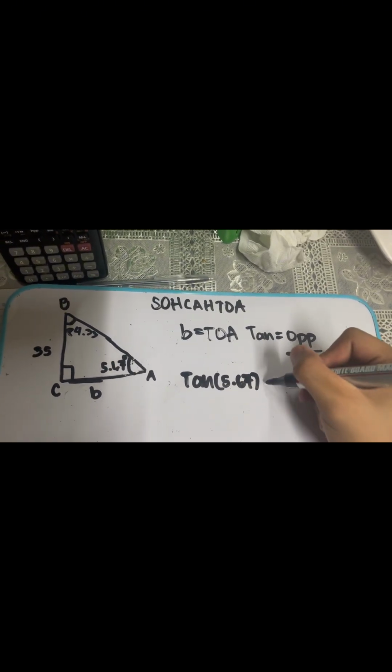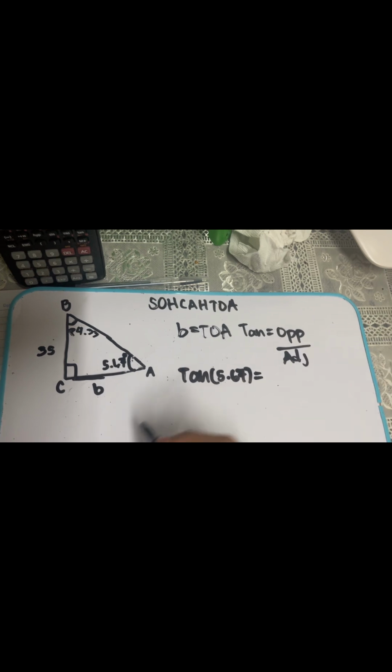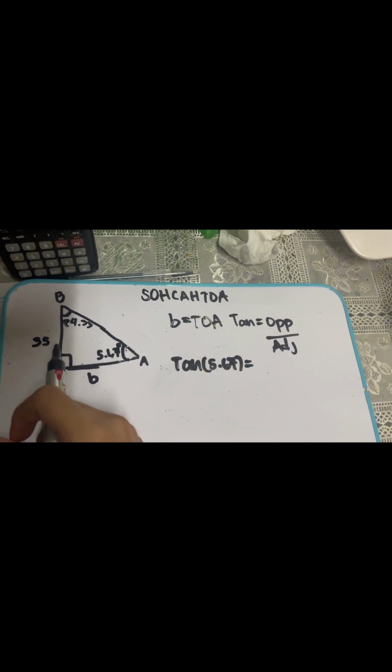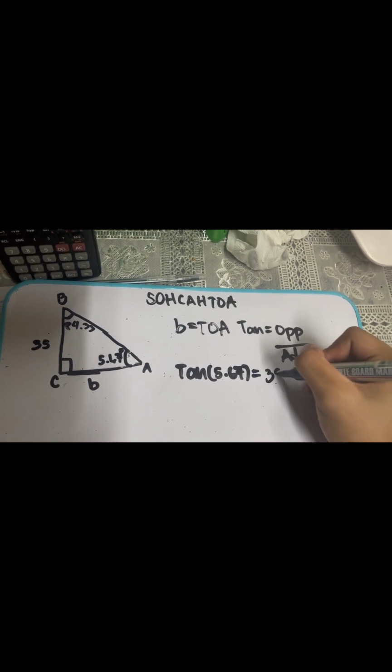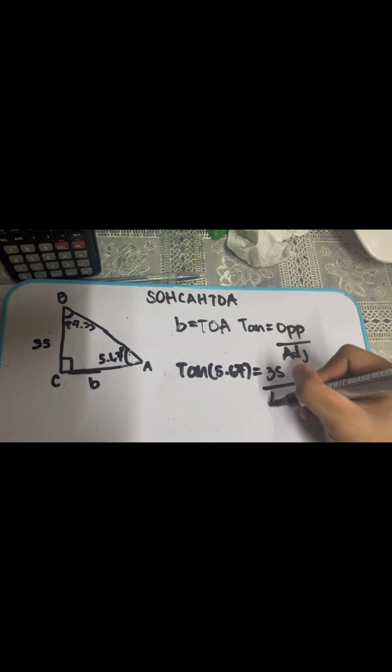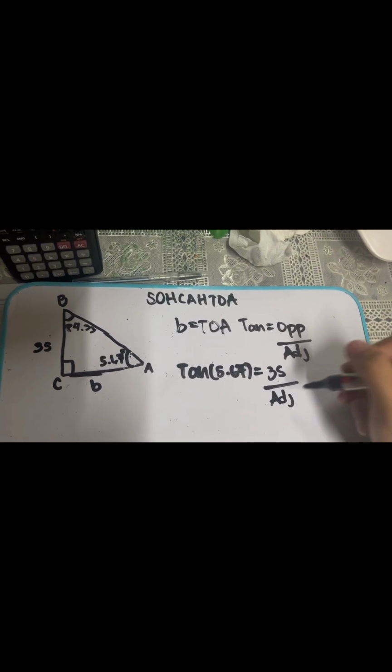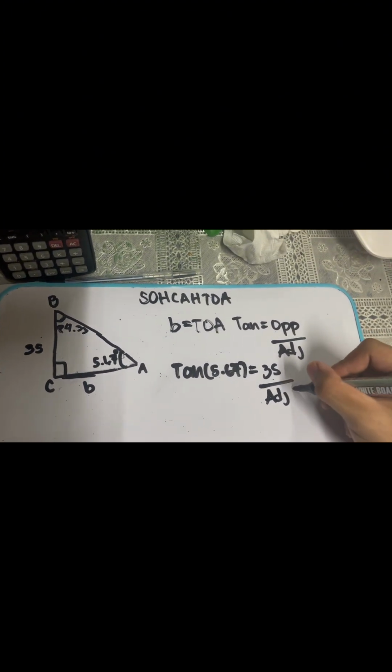Now we have this and our opposite, which is going to be 35, and our adjacent, which is going to be letter B.